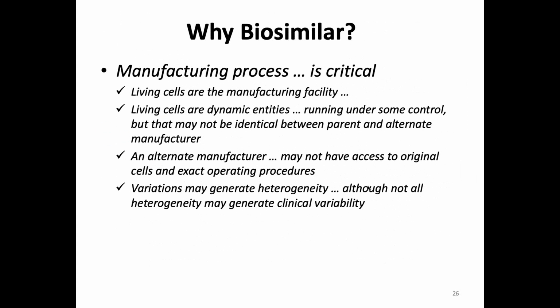So that is why we say it has to match the general profile, which is why all of that is defined. Molecular weight has to be this, approximately. This should be the range, 20% of this size, 50% of this size, things of that sort. An alternate manufacturer would definitely not have the original cells for that matter. Nobody would like to share their cells. Why would they? And because of this, you might actually generate heterogeneity.